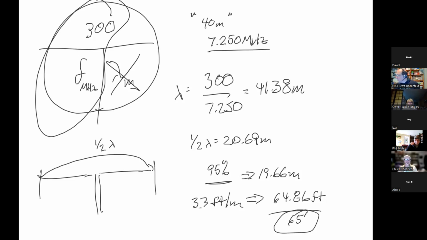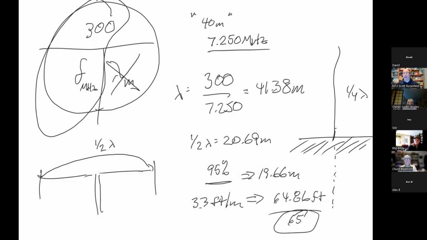If we were to make an antenna that was only a quarter wave, so let's say we had a quarter wave antenna over a ground, which is a conducting surface. This is a quarter wave antenna. It basically echoes the other half of the antenna, makes it look like it's actually a dipole, except it's not physically there. Then it would be half of that length.